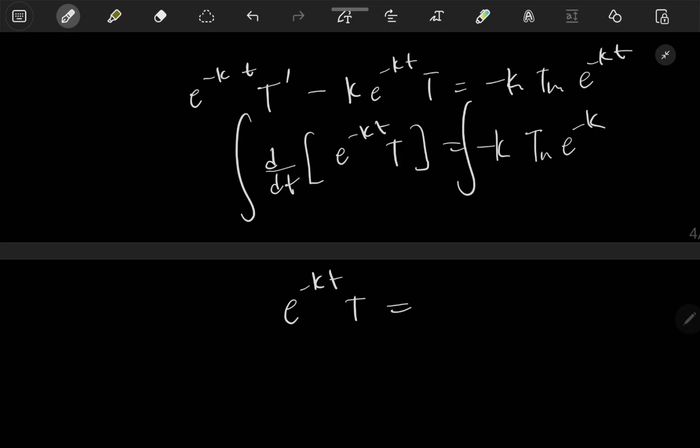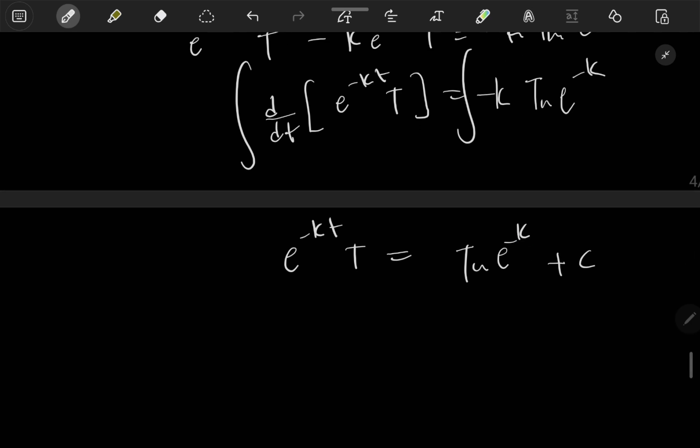If I do integrate this side, remember, this negative k, I'll have to divide by it, so I'll lose this one. So I'll be left with Tm and e^(-kt), but I'll gain a constant.